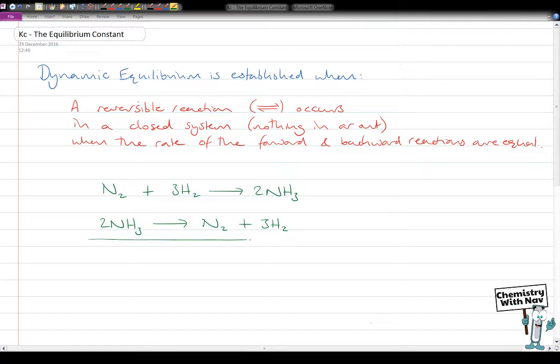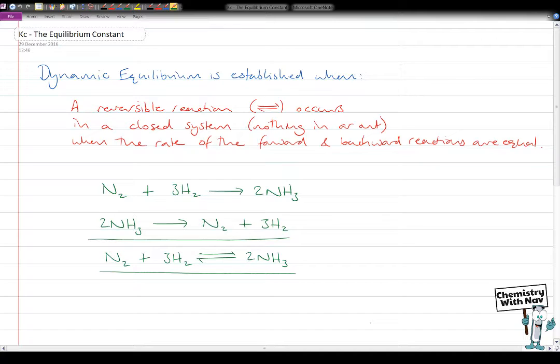So if you were to take an overall view on that, you could say that N2 and 3H2 is in a reversible reaction with 2NH3, because both of those equations are occurring at the same time. So that's to do with the reversible reaction.